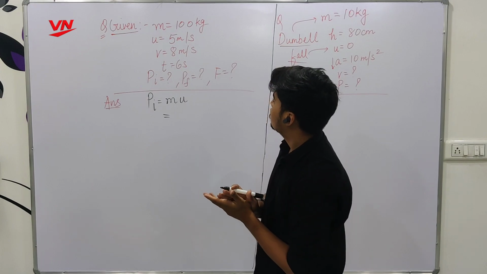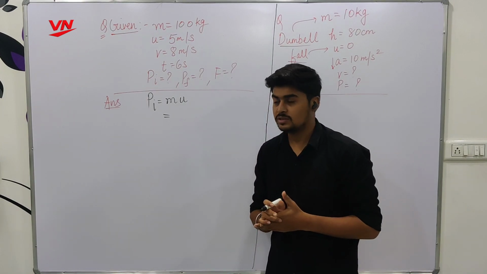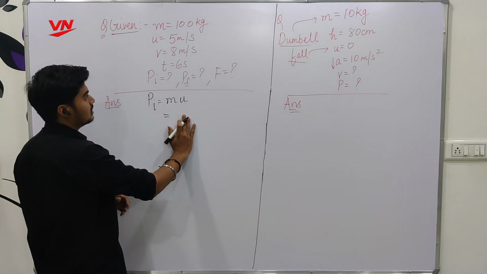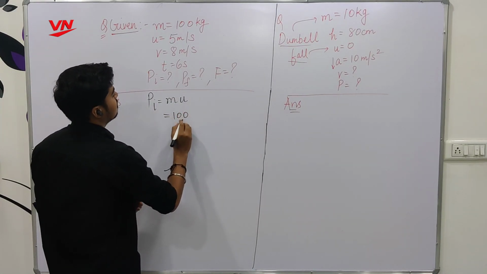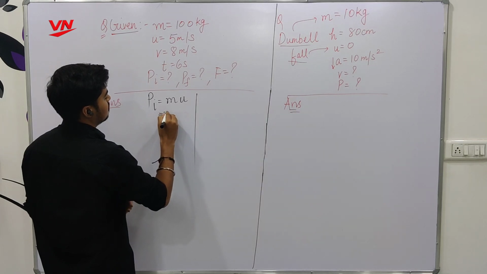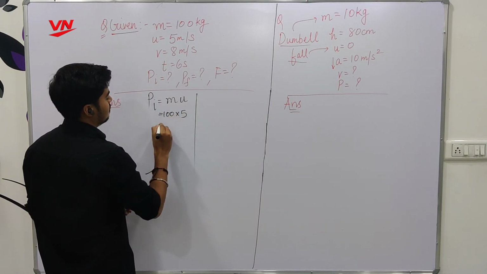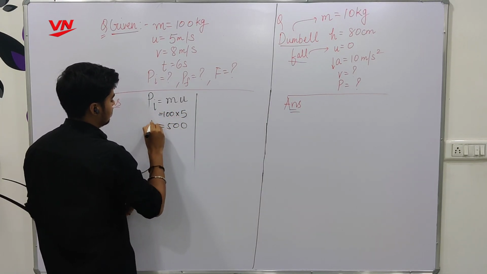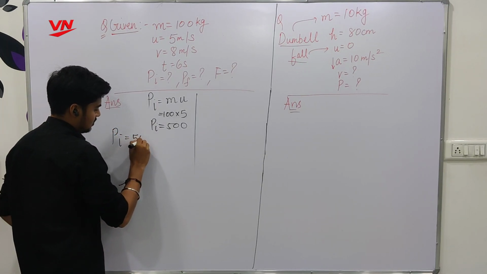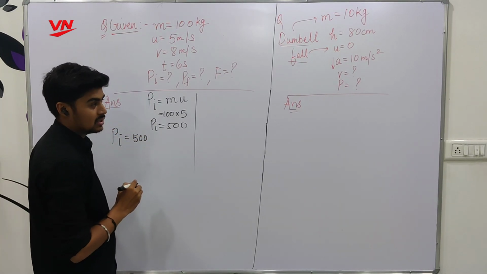The different values are already in SI units. To calculate initial momentum, I will need mass into initial velocity. Mass is 100, initial velocity is 5. I will get 500. You have to also mention the SI unit.